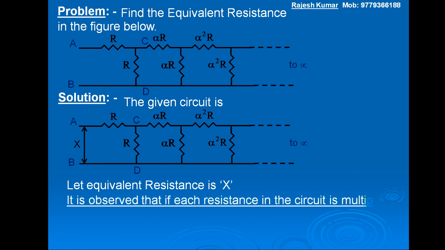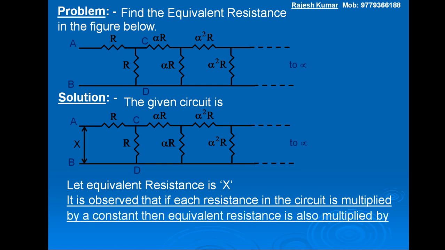It is observed that if each resistance in the circuit is multiplied by a constant, then the equivalent resistance is also multiplied by the same constant.